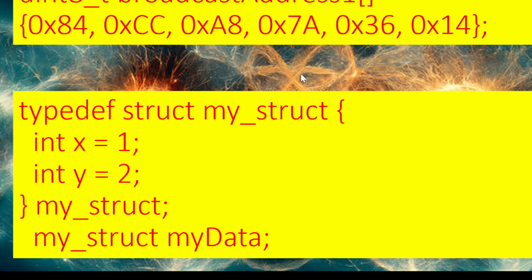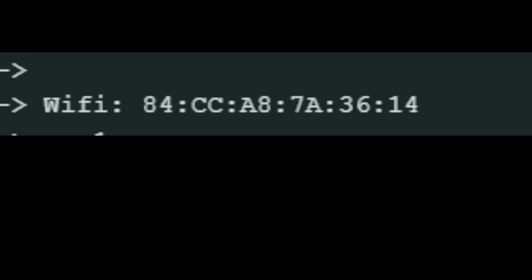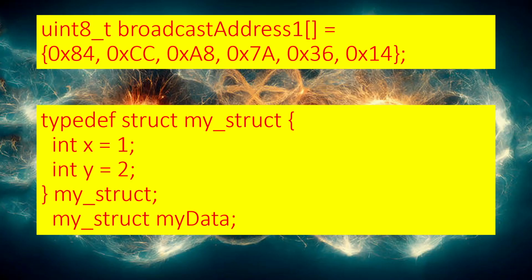This is how I define my MAC address. This is how it was printed on my serial port, right? 84 CC A8 7A 36 and 14. And this is how I'm going to use this in my code.